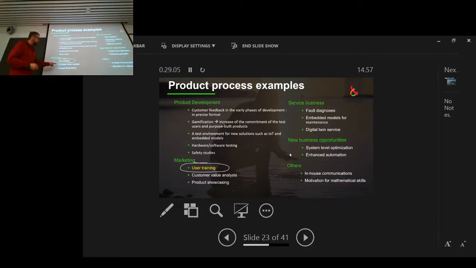So this is where you can use these models to learn how to use the machine itself. But we believe it can be used in product showcasing as well, because as a sales engineer, sometimes it may be a bit difficult to express how the machine is, or what are the special features that you can get with extra cost.